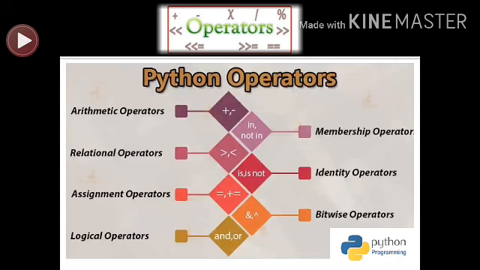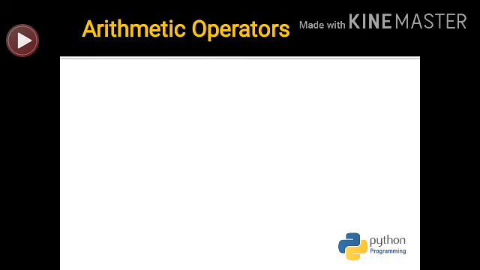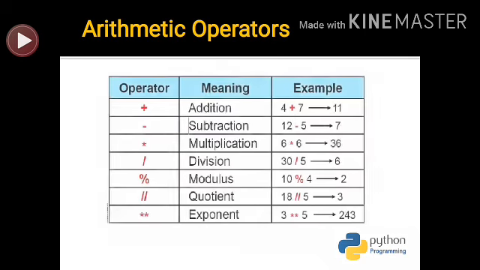An operand is the value or variable on which calculation is performed. Operators can be classified as unary and binary. Unary is one in which only one operand is involved, and binary in which 2 operands are involved, like arithmetic operator, relational operator, assignment operator, etc.